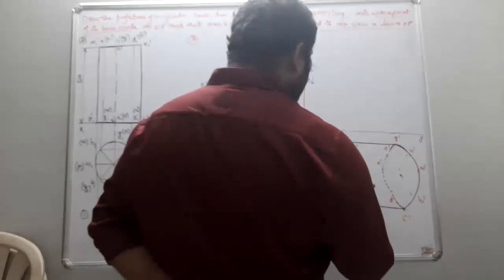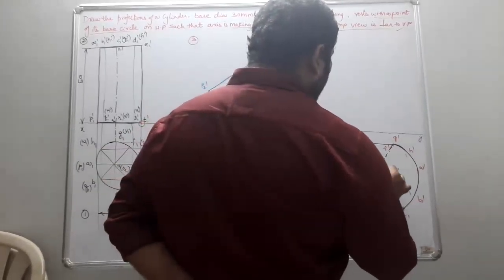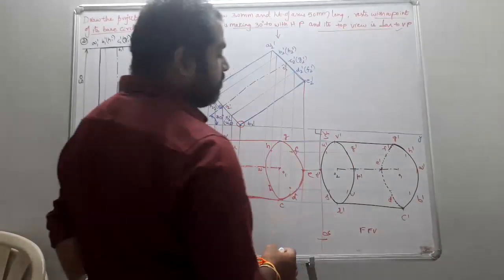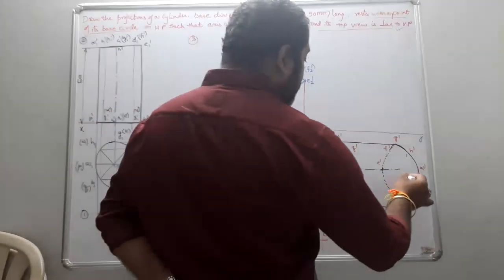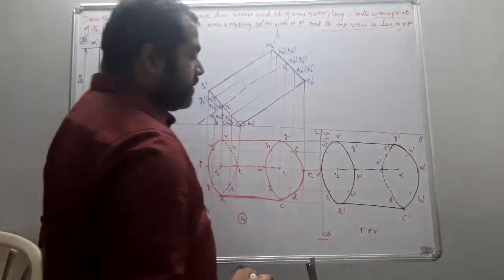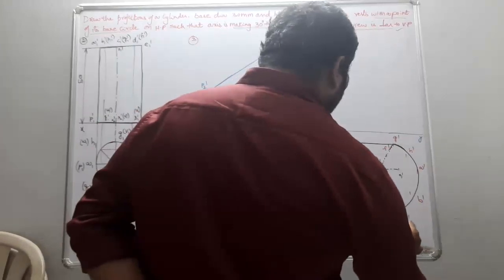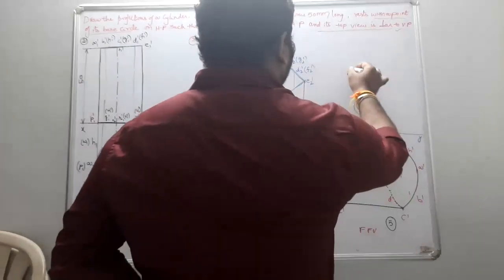And this becomes your O1 dash, O2 dash. So this becomes your final fifth step in the auxiliary method.